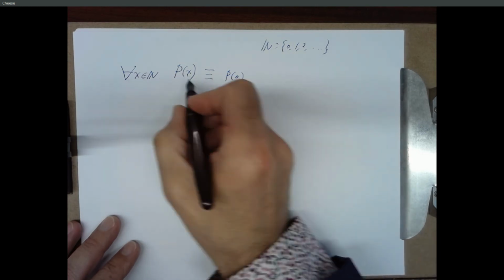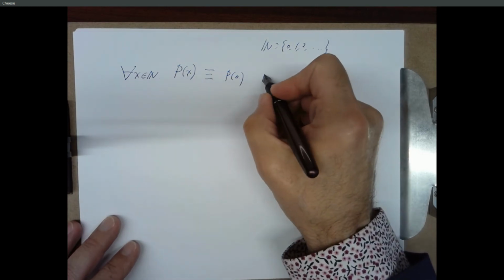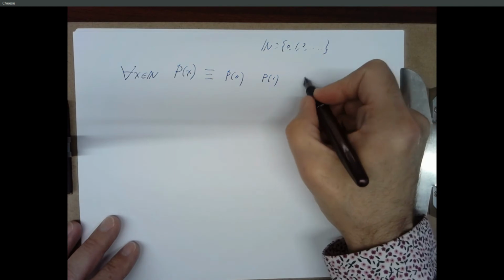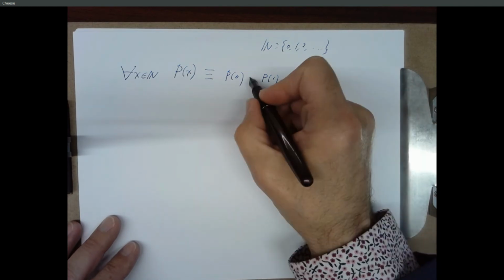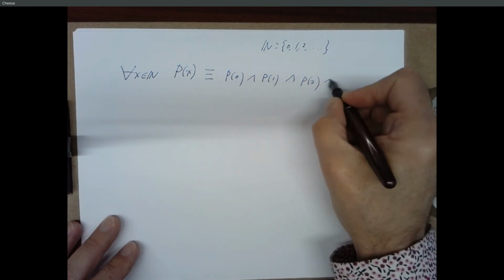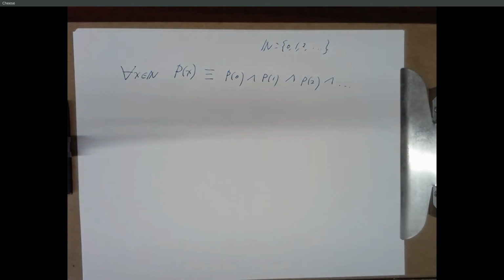If x is 1, P of x is true. If x is 2, P of x is true. All of these have to be true together.